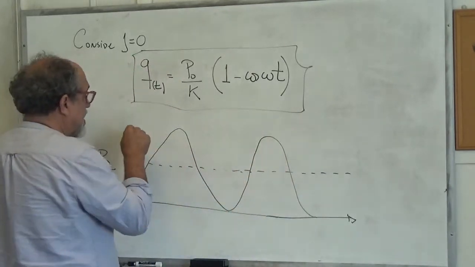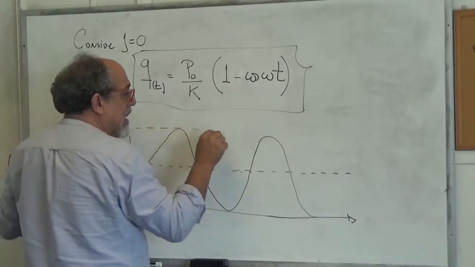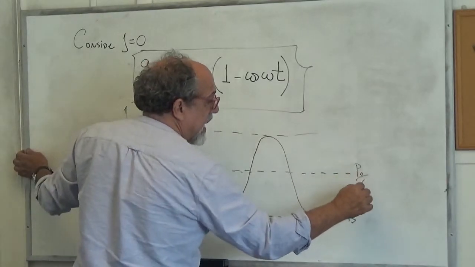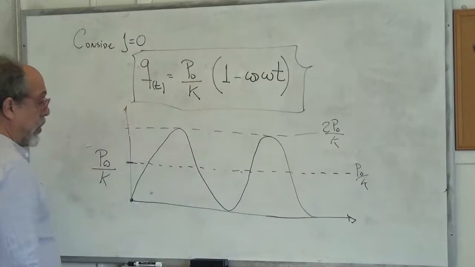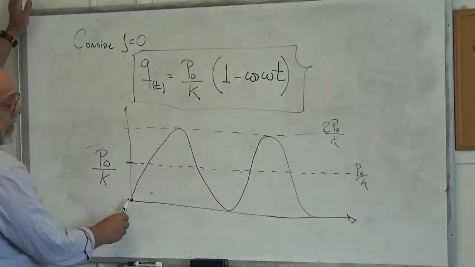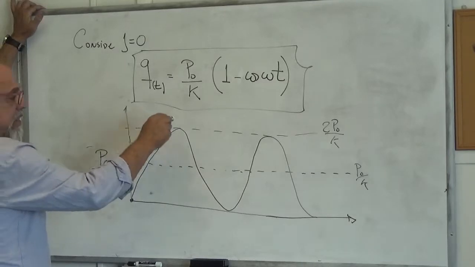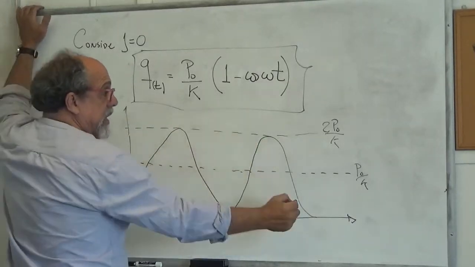Here, this value is P0 over K, and this is 2P0 over K. So the response goes from the static value to twice the static value, and then to 0, and then like this, right?